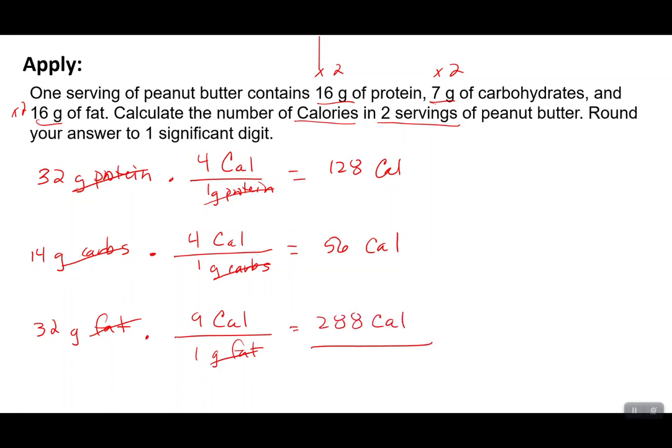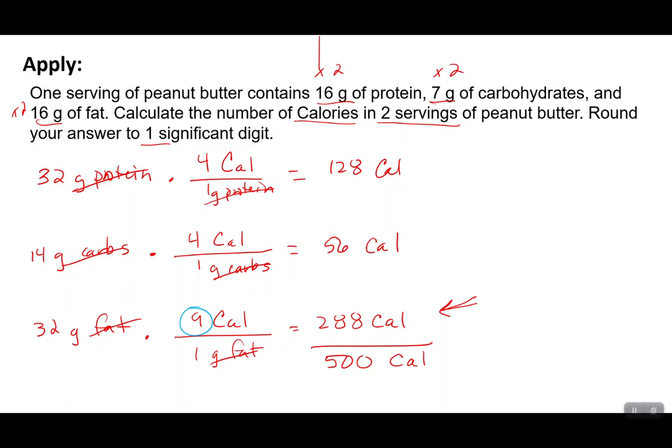And when we sum all of this together, since we are rounding to one significant figure, this is about 500 calories. And what you'll notice is that a little over 50% of your calories are going to come from fat, because peanut butter contains a lot of fat, and fat has a lot of calories in it. And that is why you're going to get so many calories from consuming fat.